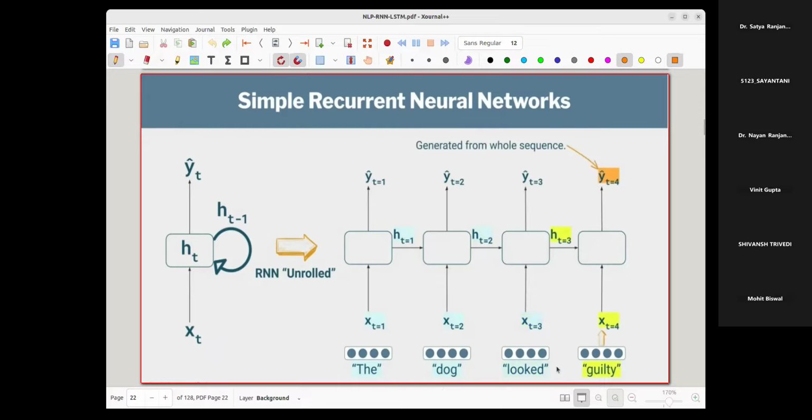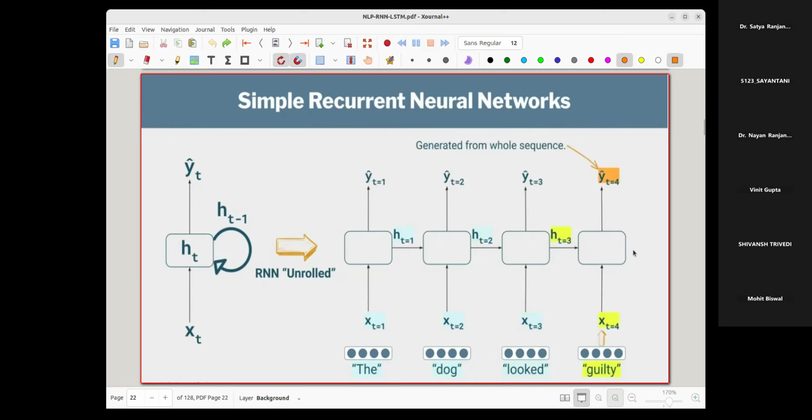These three pieces of information are present through ht equals 3, because ht equals 3 contains the, dog and looked. These three pieces of information are passed to ht4, and guilty is passed. Now guilty is not processed alone, rather all three other words' information is there, and it is processed, and it will give you a good result, generated from the whole sequence.